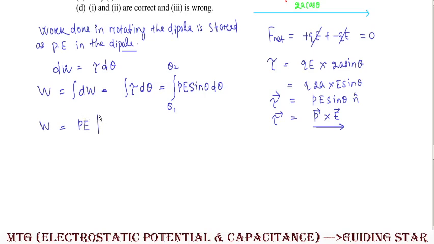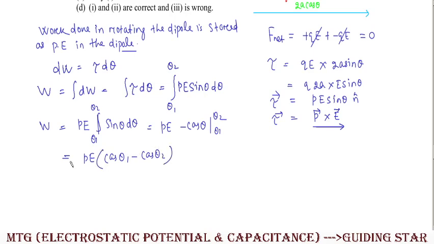So simply the integral of sin theta d theta from theta 1 to theta 2. The integration is minus cos theta, from theta 1 to theta 2. So what will we get? pE times minus cos theta 2 minus cos theta 1. So it will be pE times cos theta 1 minus cos theta 2.